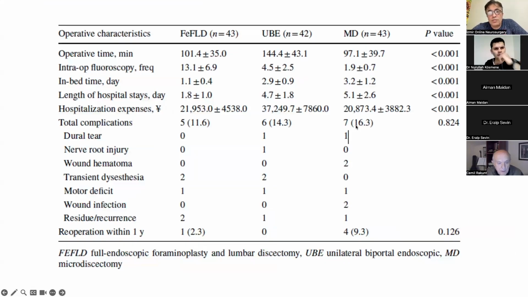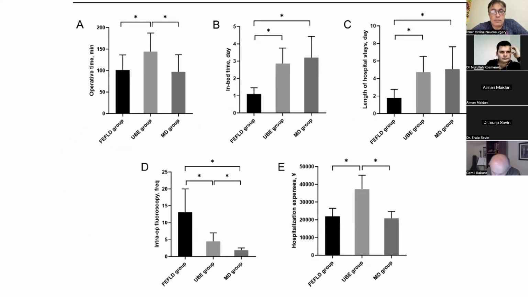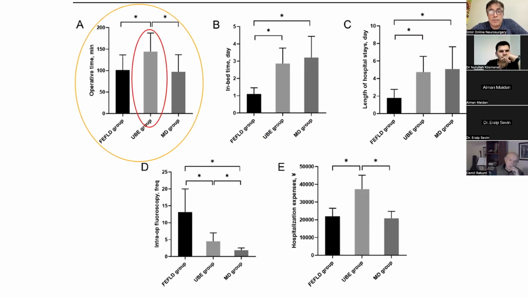This table shows the results collectively. In the 5 consecutive rows above, P is less than 0.001. Considering the results, the operation time is longer in UBE than in transforaminal endoscopy and microscopy.